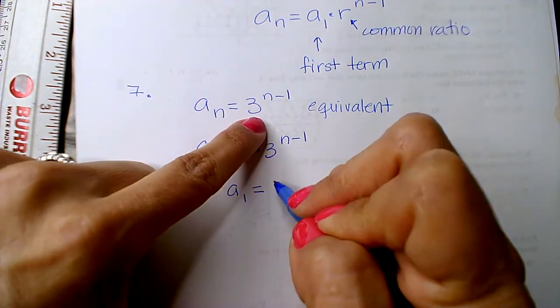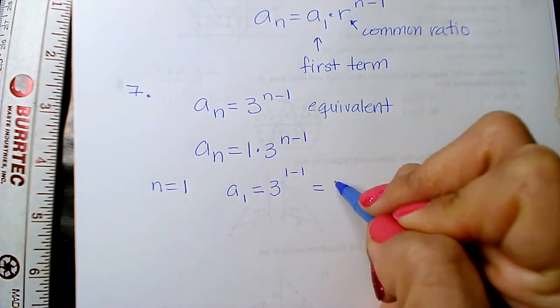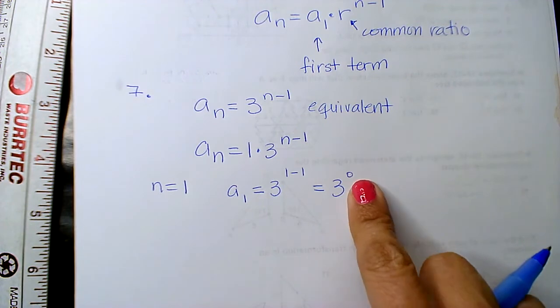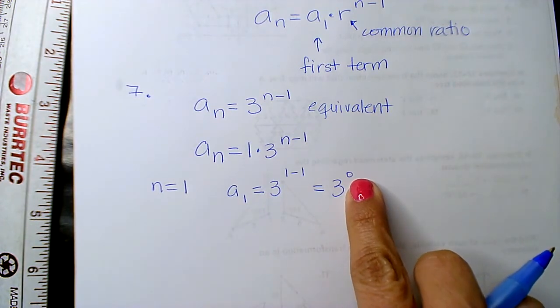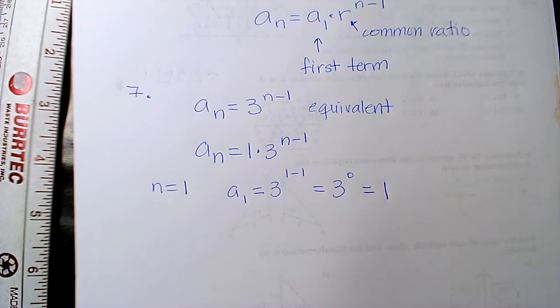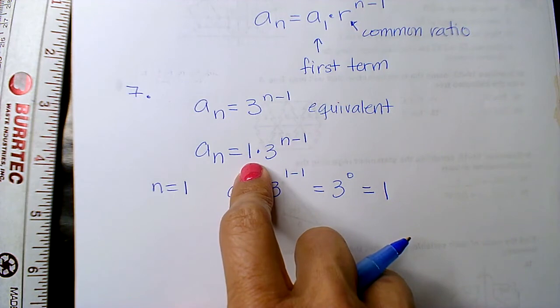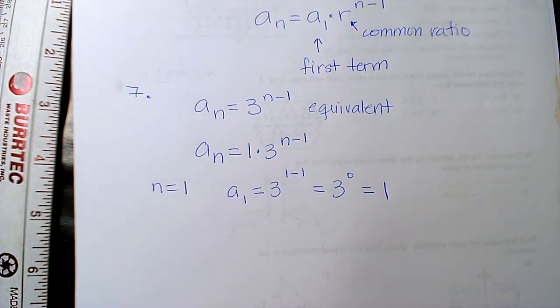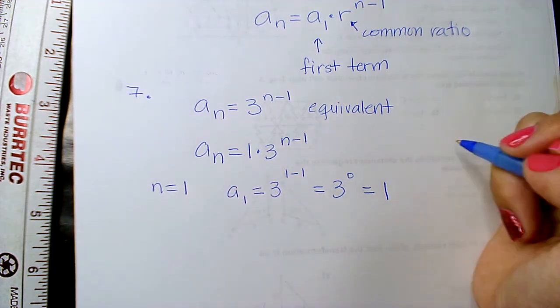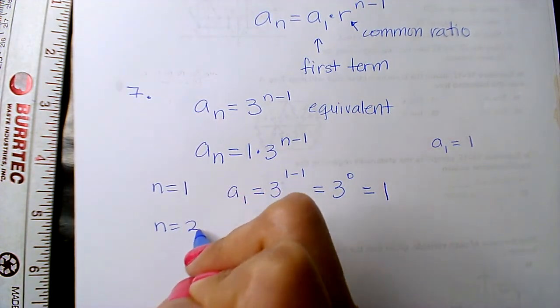A1 is equal to 3 to the 1 minus 1, and what is anything to the 0? Right? And that's why it was 1 there. So that supports it. So technically you're already given your first term. So A1 is 1.